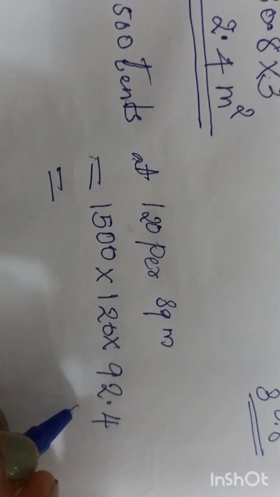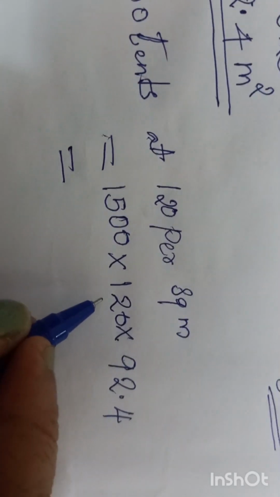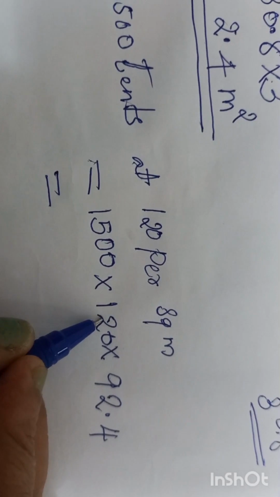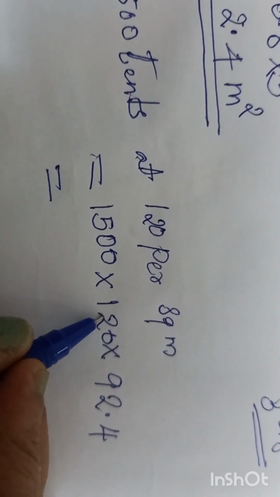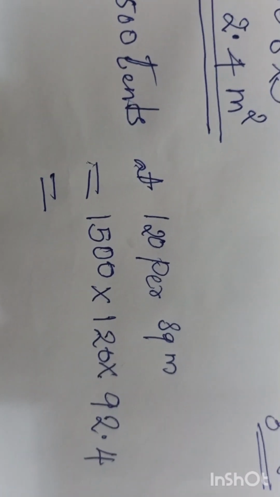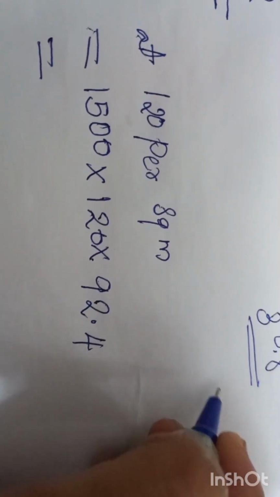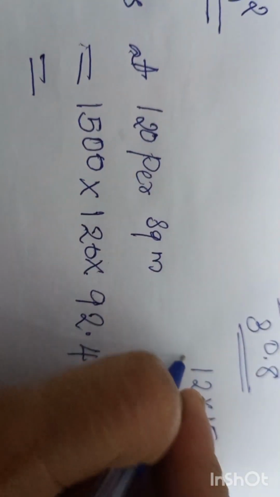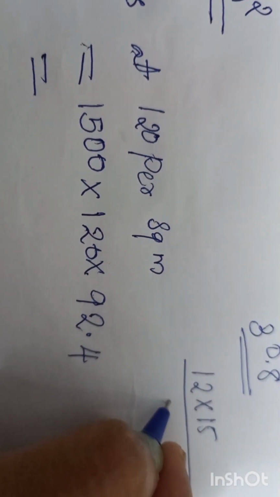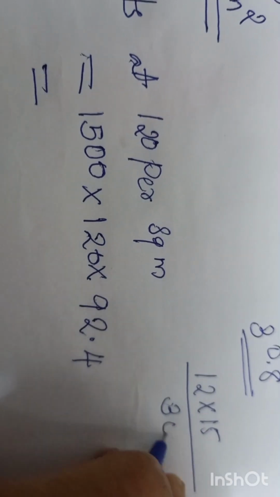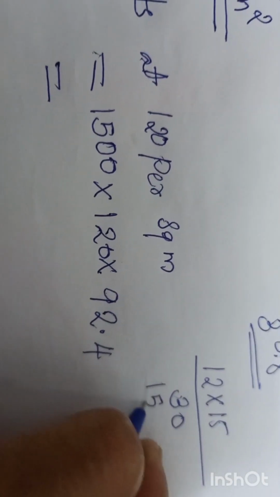we get like this, 1,001 into 12 into 92.4. Let's multiply this. 12 into 15, 15 into 2 is equal to 30.